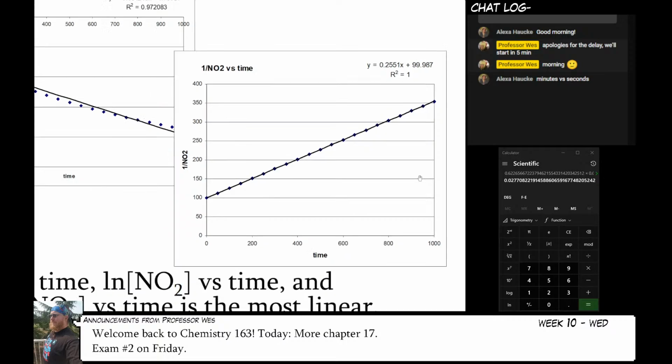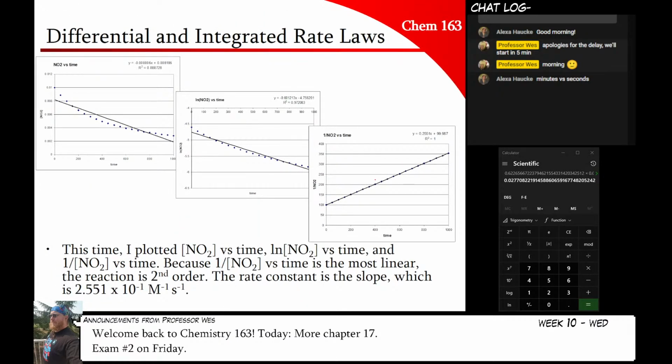So based on all three of these graphs, the most linear one being the inverse versus time, I can get the slope, which is this number right here. This must be the rate constant. 2.551 times 10 to the minus 1. And then these units are whatever they are to make the equation true. So if I have an inverse molarity as my answer, then whatever k times t is must also equal inverse molarity.